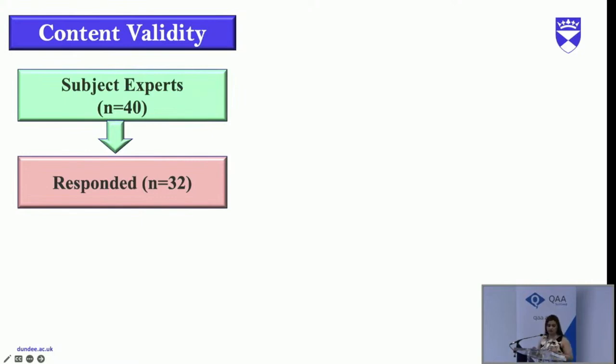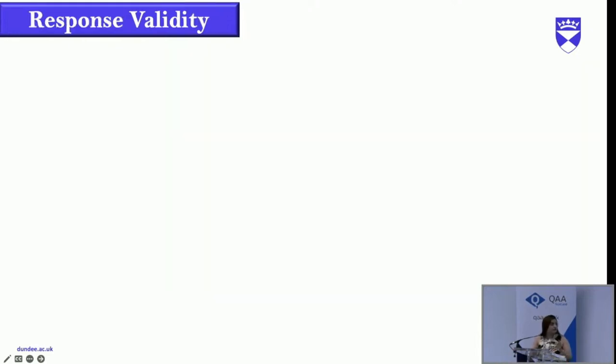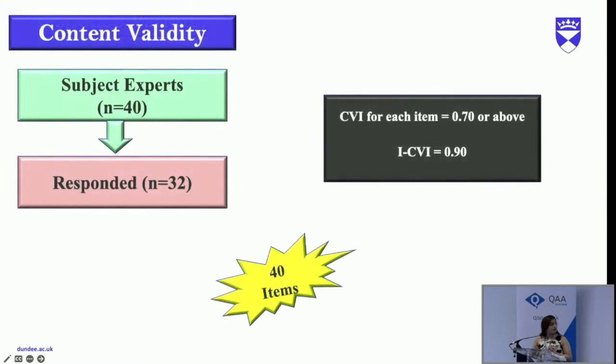Then I calculated the CVI for each item. Items with a CVI of 0.70 or above remained. The ICVI is for the whole scale; if it is less than 0.7, there is some problem in the scale, but for my scale I got 0.90, so it was relevant.